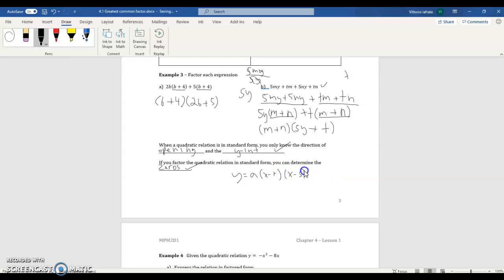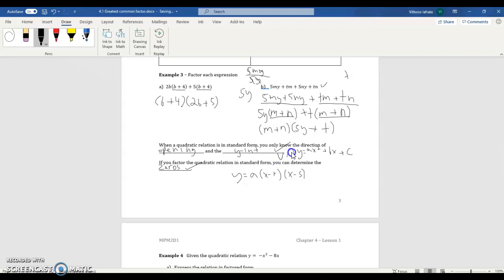In the standard form again, ax squared plus bx plus c, based on the value of your a, you can tell if the opening is from the bottom or the top.